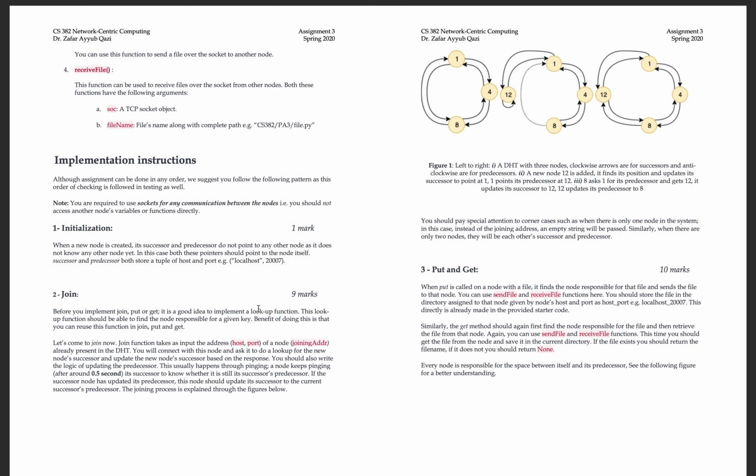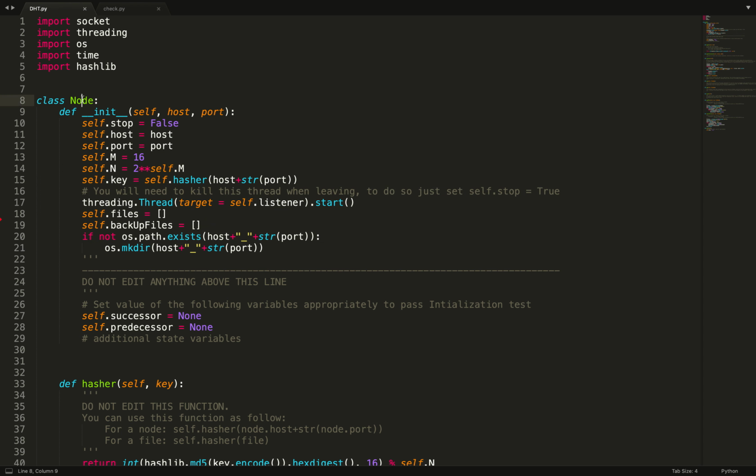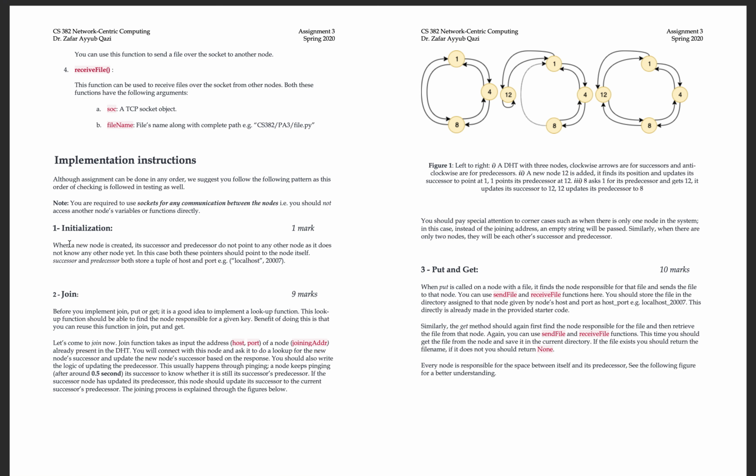Okay, so moving on to implementation. The first thing you need to do is initialization of a node. So when the node constructor is called, basically a node object is set up, a node object that does not point to anything, that does not have any successor or predecessor yet, because that will be set up during the join part.